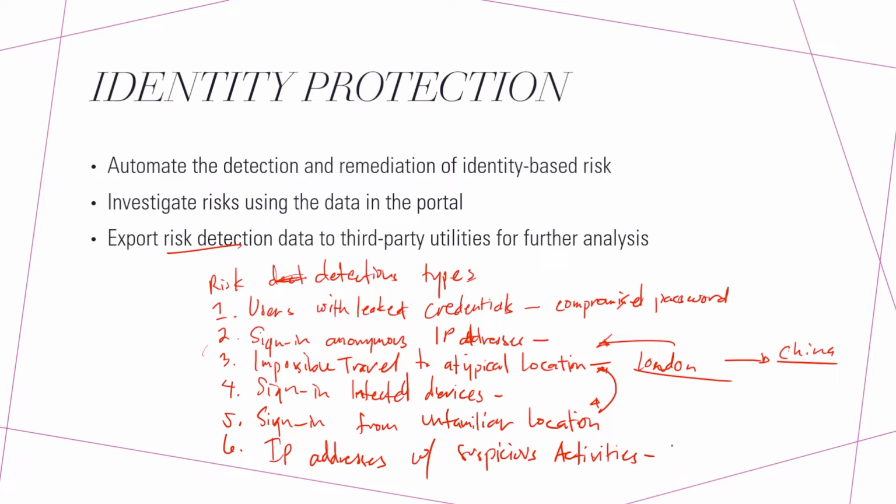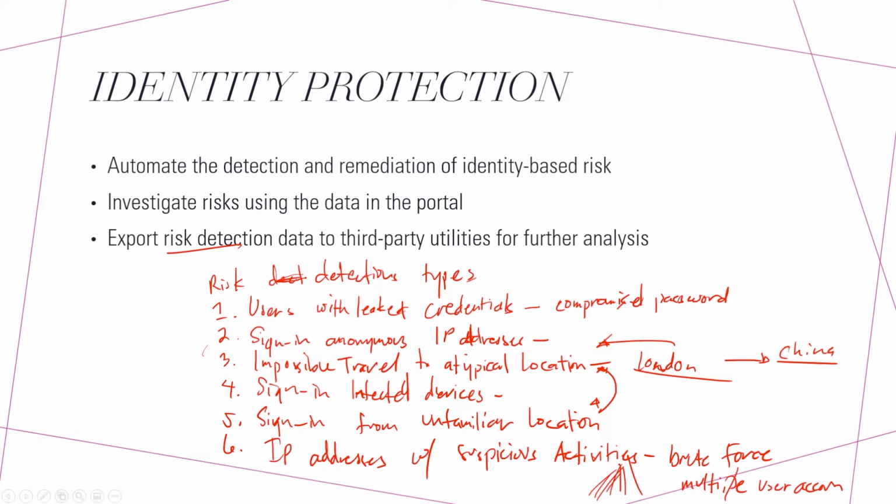So this is typically a kind of brute force attack where a hacker tries to authenticate using multiple user accounts, but originating from one IP address. So that's going to be a risk detection.